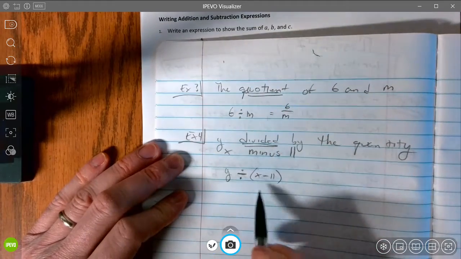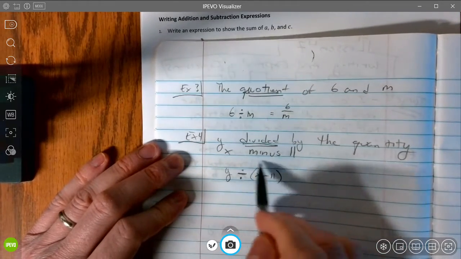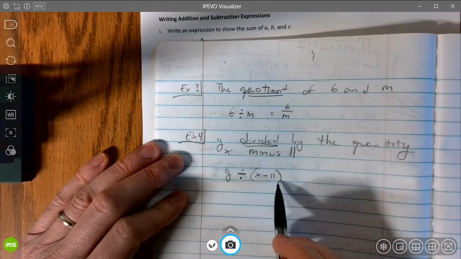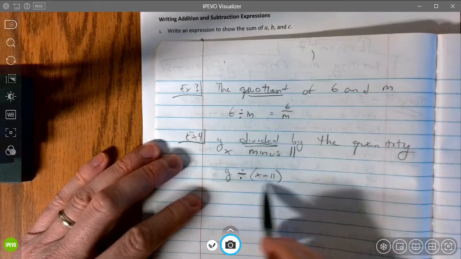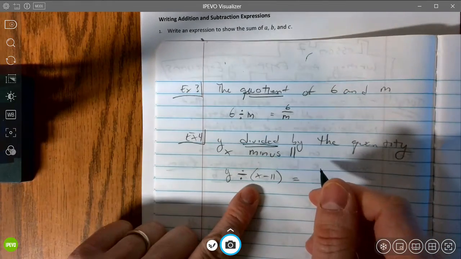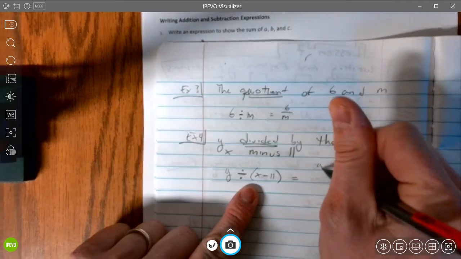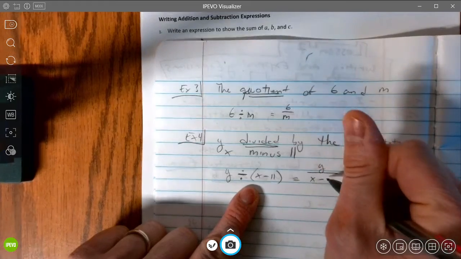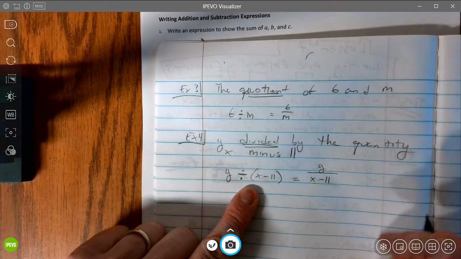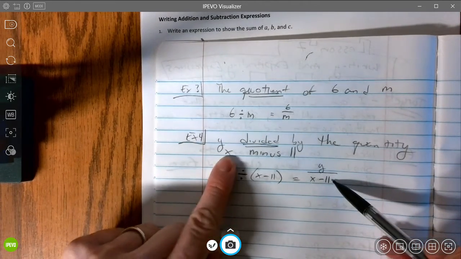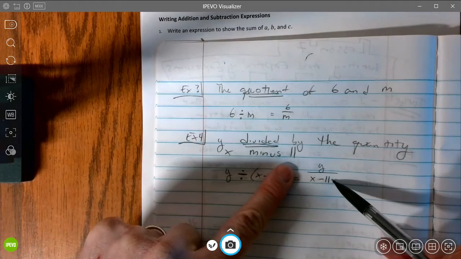So I use parentheses to show that this is one term or one expression right there. If I want to write this as a fraction, so I'm using the least amount of symbols or characters, I can say y is being divided by x minus 11. This is y divided by the quantity x minus 11.